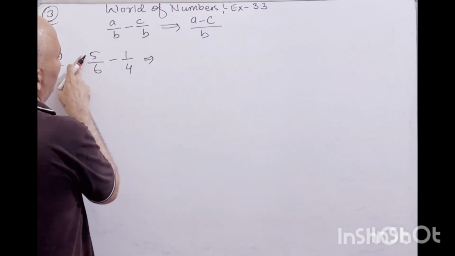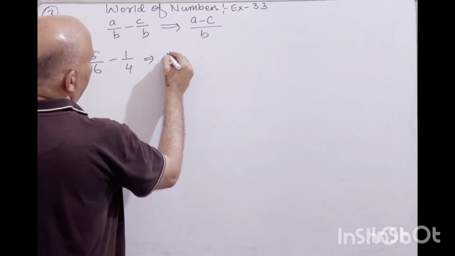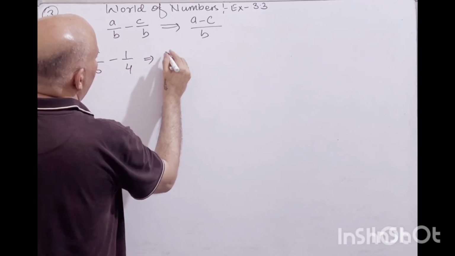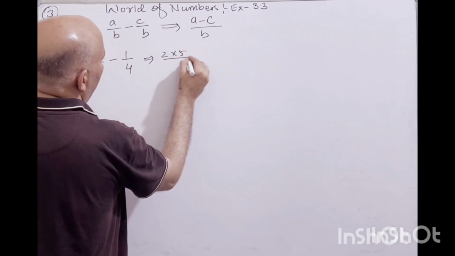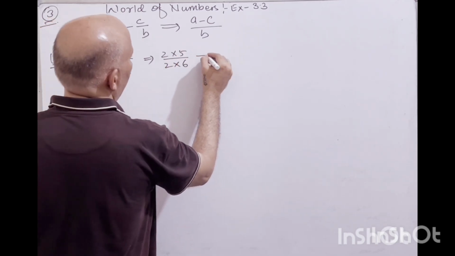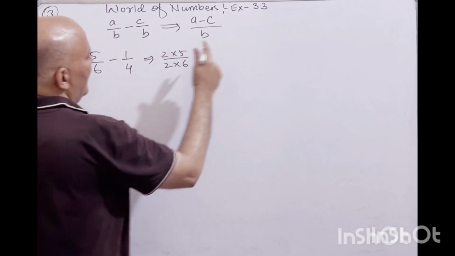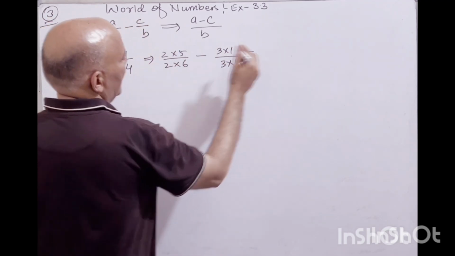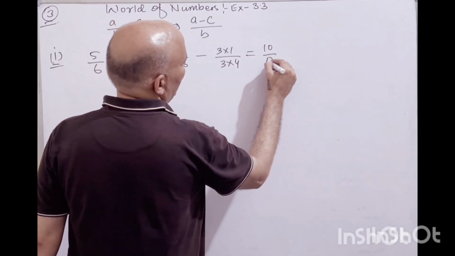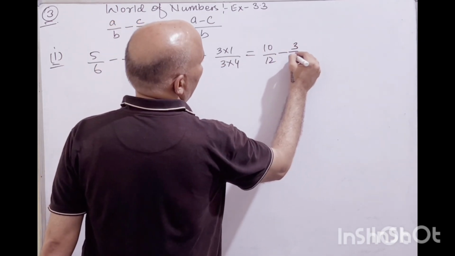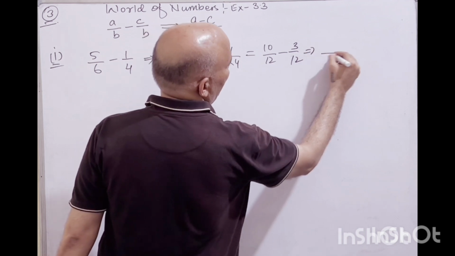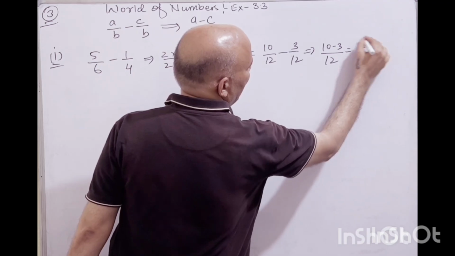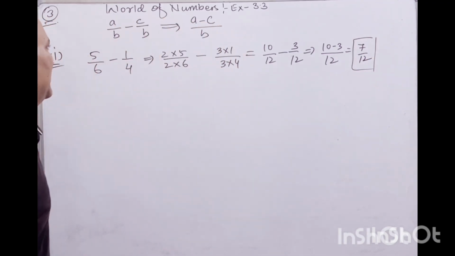To make it 12, multiply 5 and 6 by 2, and multiply 1 and 4 by 3. This becomes 10 upon 12 minus 3 upon 12. It is very easy now: 10 minus 3 is 7, so the answer is 7 upon 12.